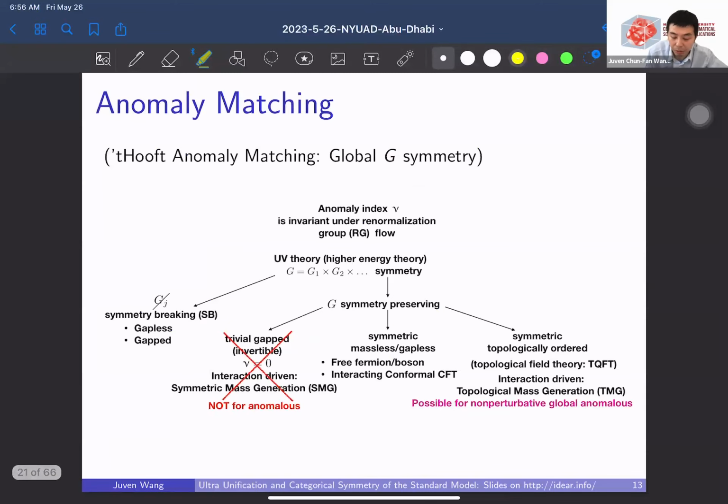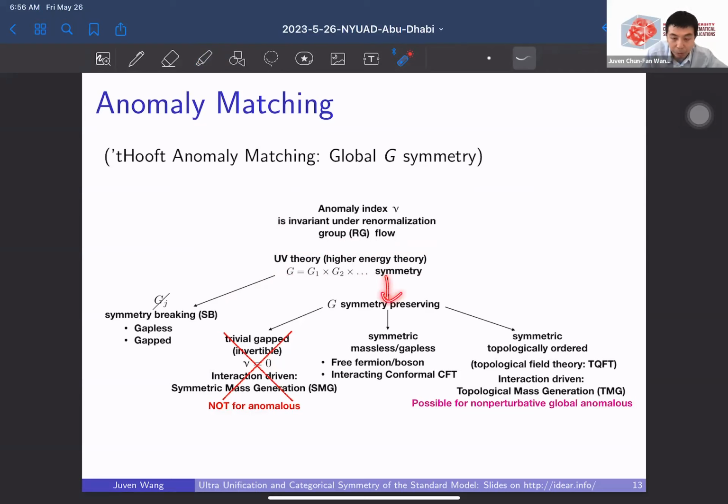Okay, so let's just remind ourselves, if the anomaly is not cancelled, what does it mean? In the usual case of an anomaly matching, suppose there's an anomaly index that should be preserved under energy RG flow, so that at high energy there's such an index, possibly captured within some symmetry, and you compute the index. When you go to the IR, it could be symmetry breaking phases, but you can still compute the index in some way.